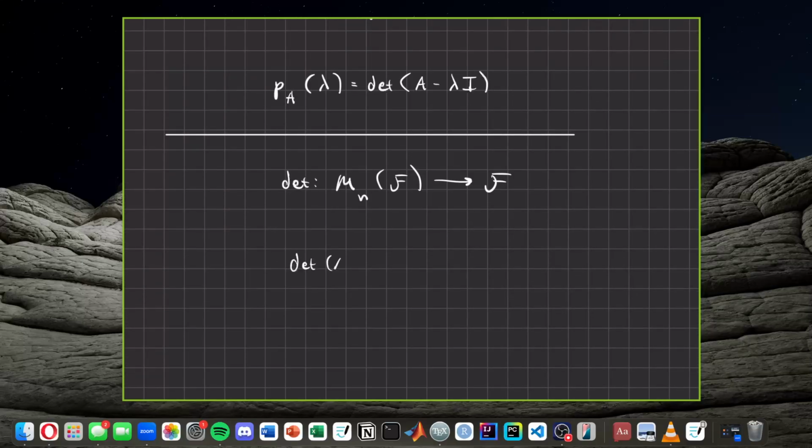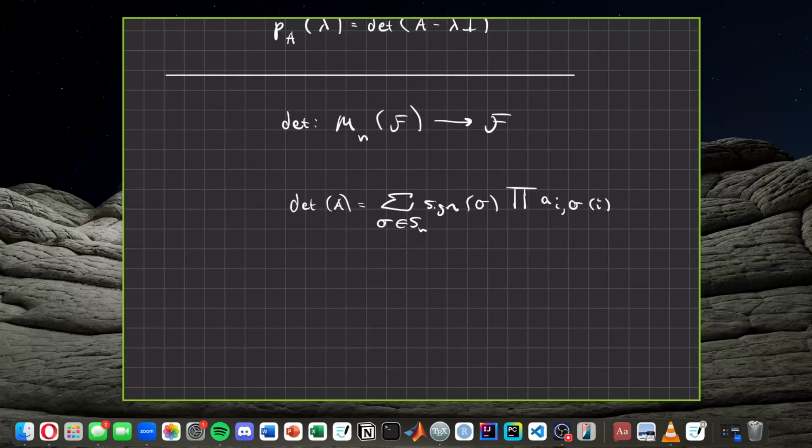The determinant of A is, let's see if I remember this, the sum for all permutations sigma in the symmetric group S_n of the sign of that permutation sigma times the product, capital Pi, of the elements A sub i with respect to the permutations, I think.